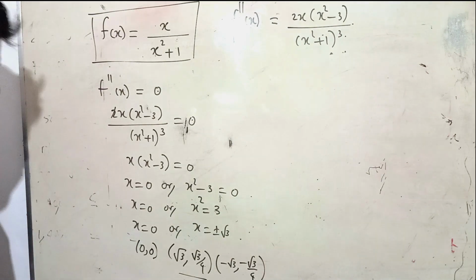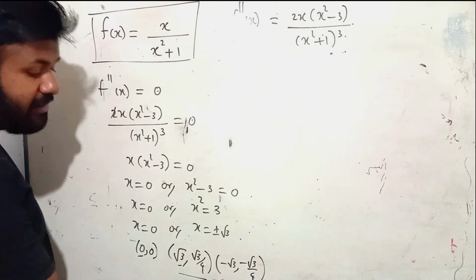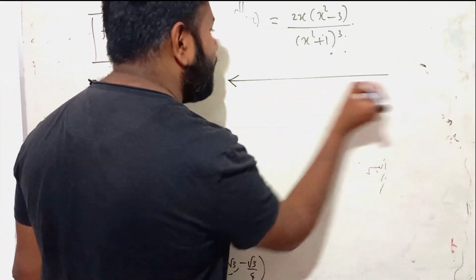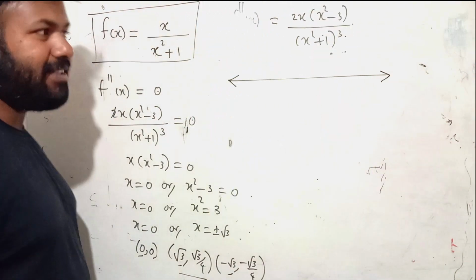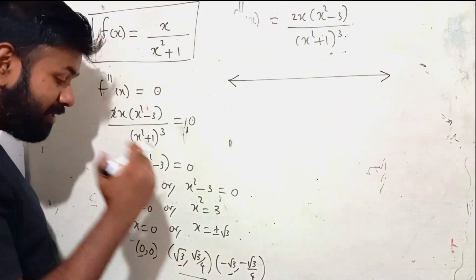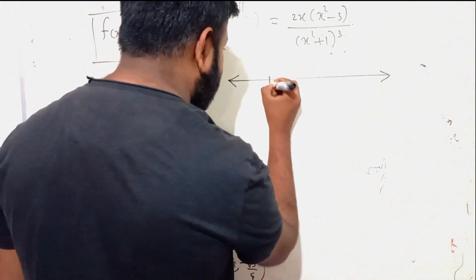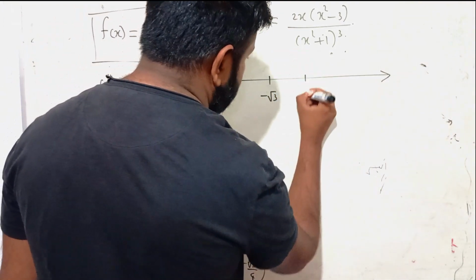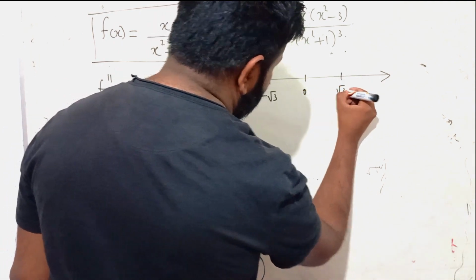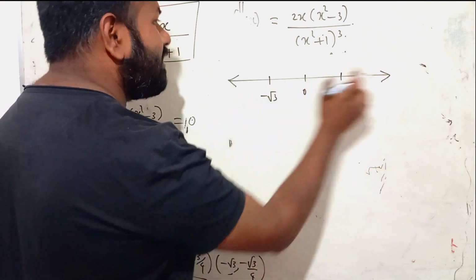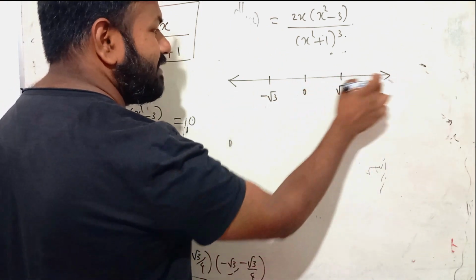You have to consider the x coordinates of the inflection points, and consider a number line of x. In the number line, you have to denote the x coordinates of the inflection points. So what are they? Negative root 3, 0, positive root 3. These 3 points divide this number line into 4 different sections.